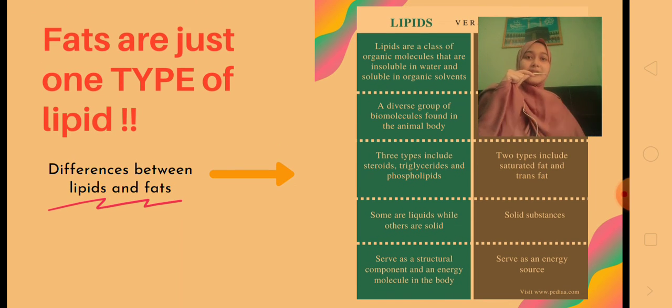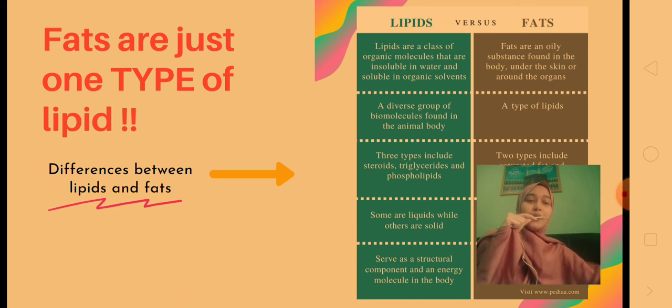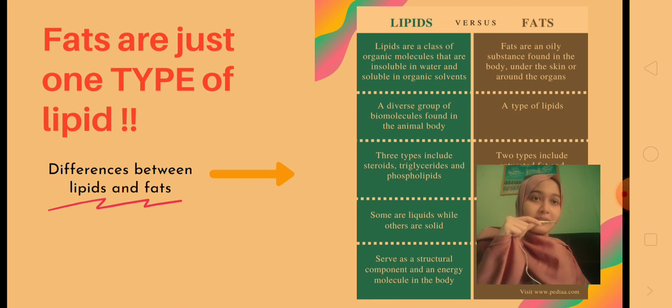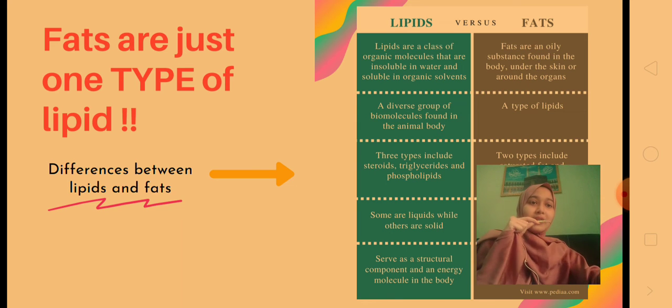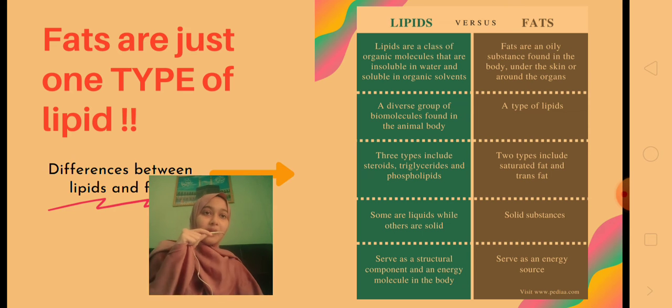Fats are just one type of lipid. Differences between lipid and fats. As you can see, this is the lipid versus fat. So I give one example of lipid. Lipid has three types, including steroid, triglyceride, and phospholipid.